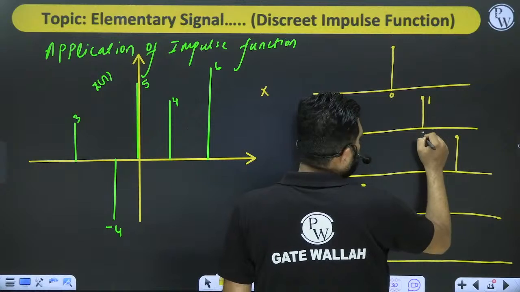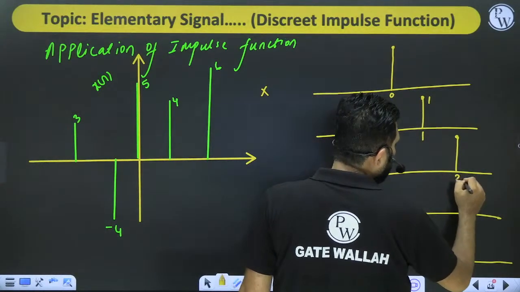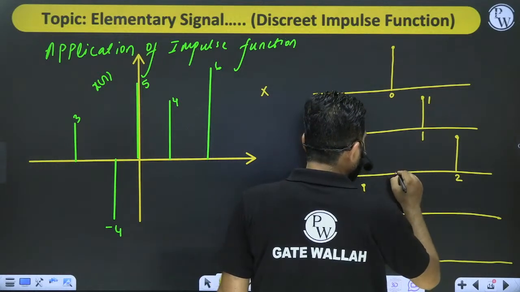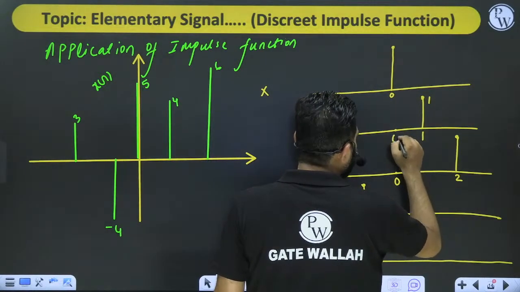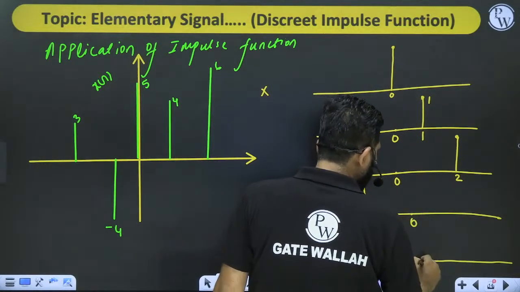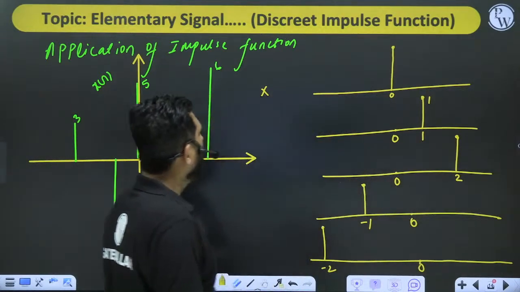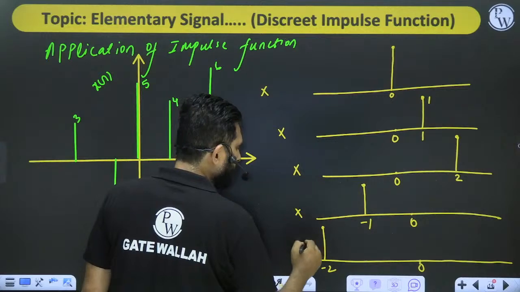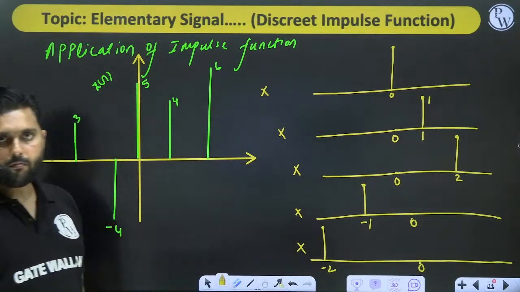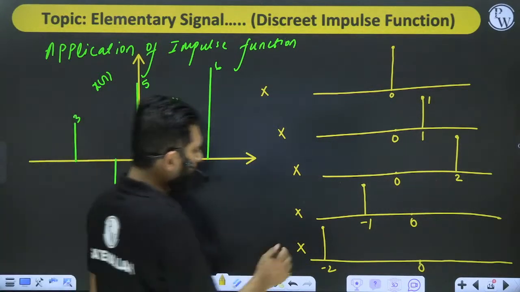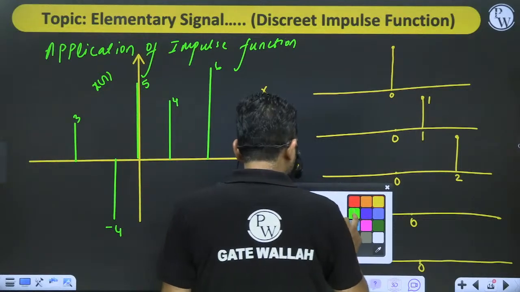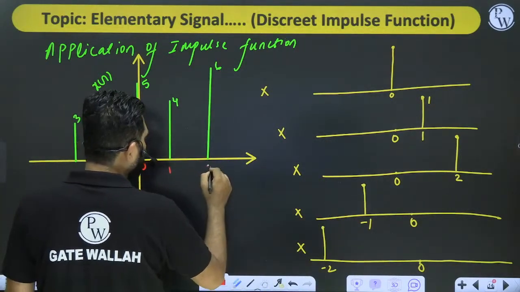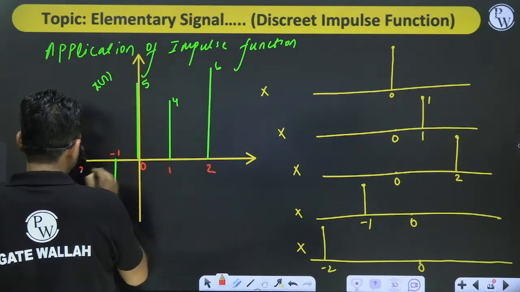So this is 0, this is 1, this is 2, this is -1, and that is -2. What I am doing is that I am multiplying with each and every function. Mathematically, how will you write?